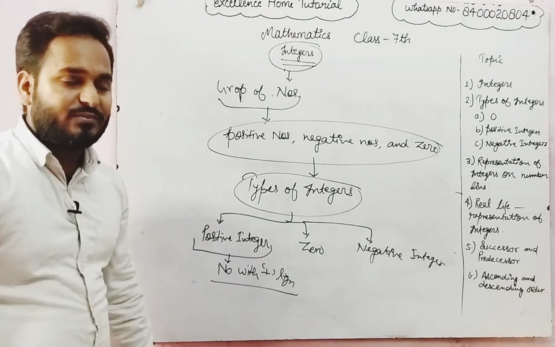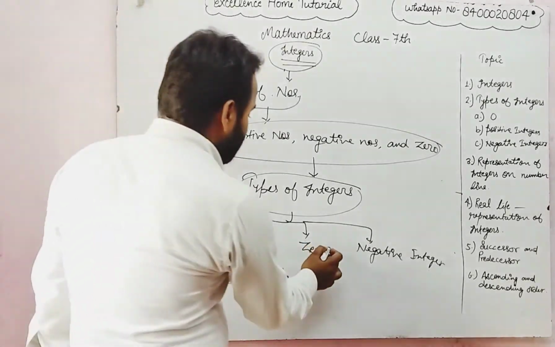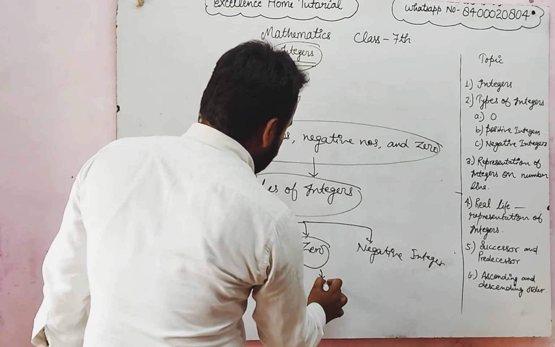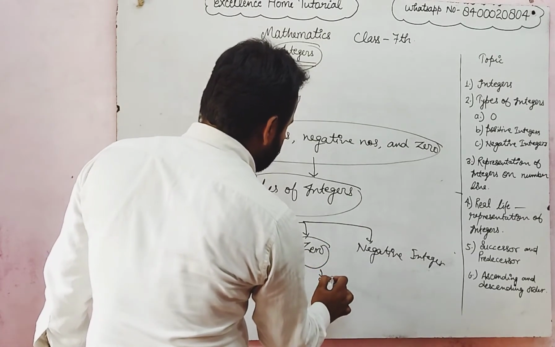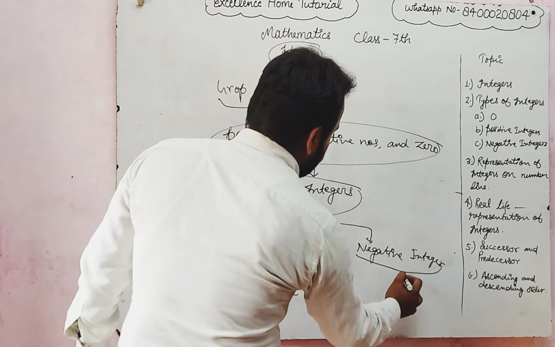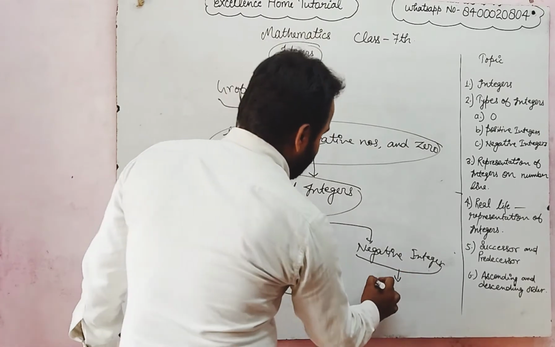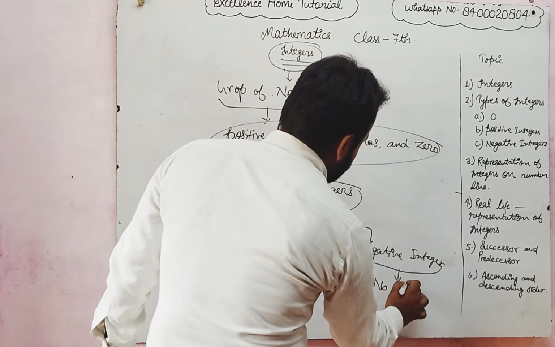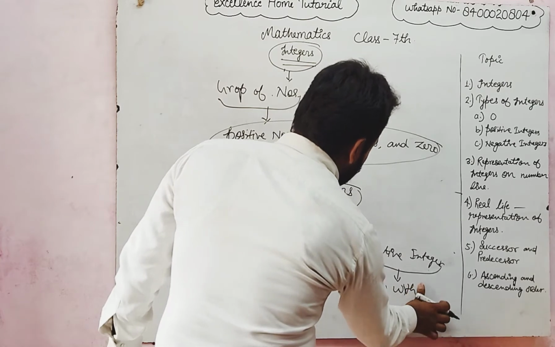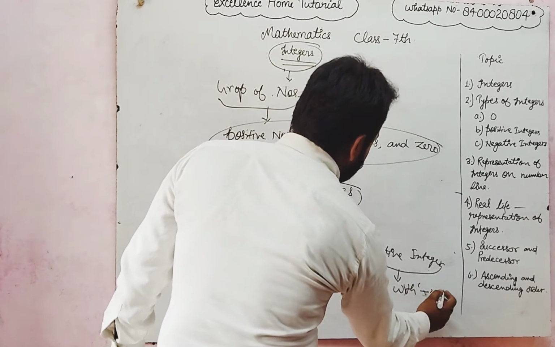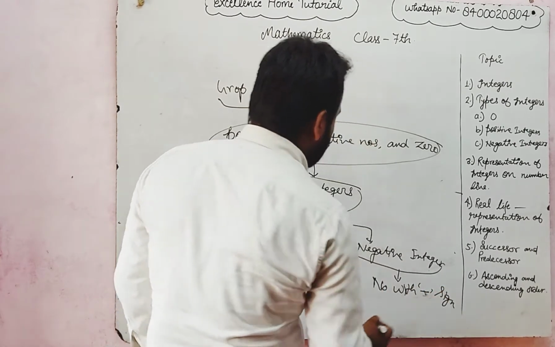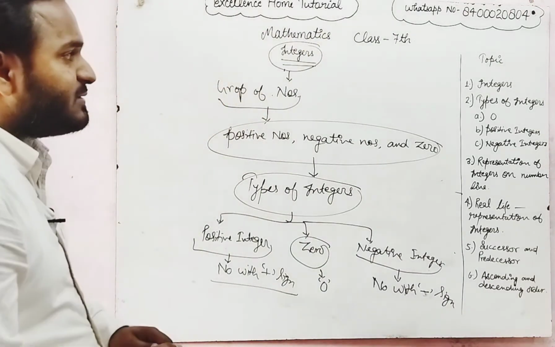Positive integers are numbers with a plus sign. 0 is a number written as 0. A negative integer is a number with a negative sign, that is a minus sign, and is called a negative integer.